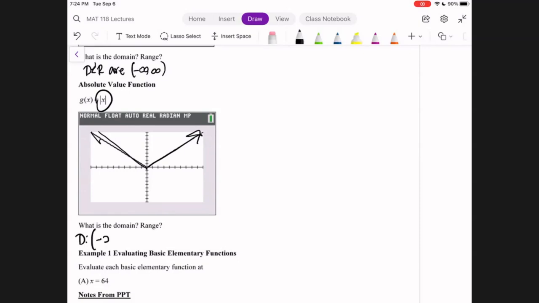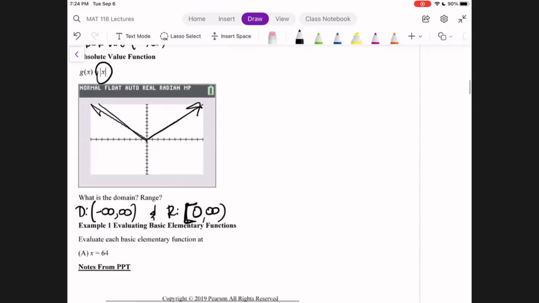So the domain would be any number. And then the range is 0, including it, to infinity. If you're talking about a distance, distance is positive, but if you're at the point, it would be 0. So we include that.